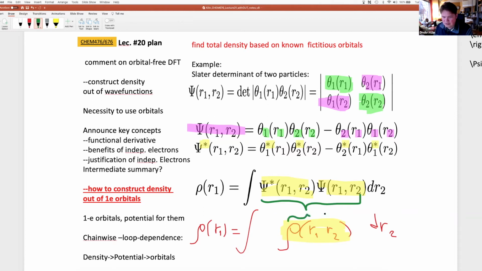Density. So what do you expect if I plug this wave function here and this wave function there? Each wave function is a summation of two terms, right?